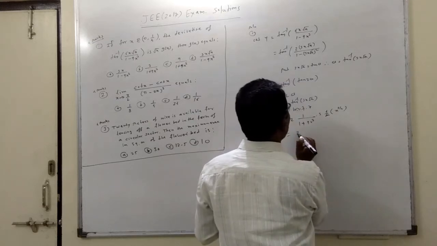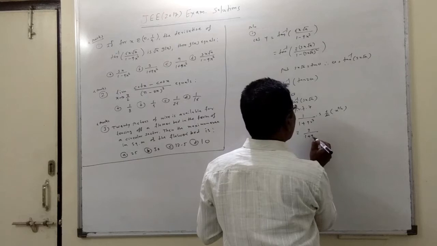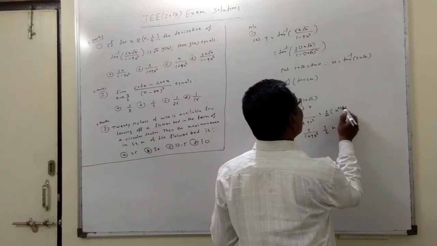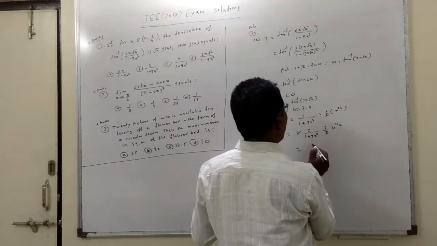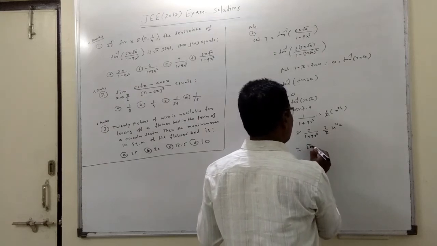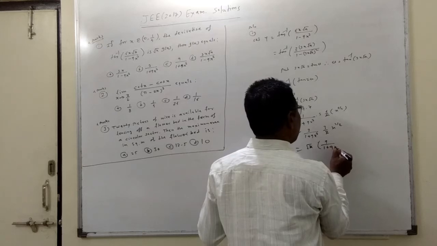So that is equal to 2 into 3 divided by 1 plus 9x cube into 3 upon 2 x raised to 1 half. So that is equal to, now x raised to half means root x, so root x times 3 into 3, that is 9, upon 1 plus 9x cube.